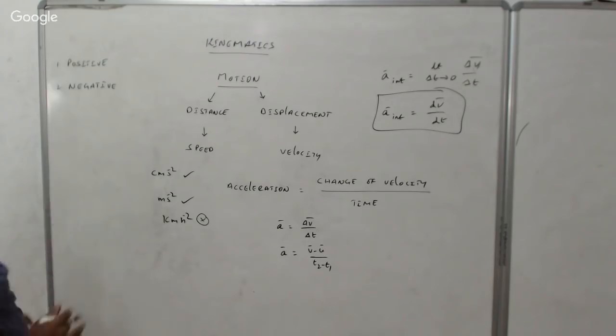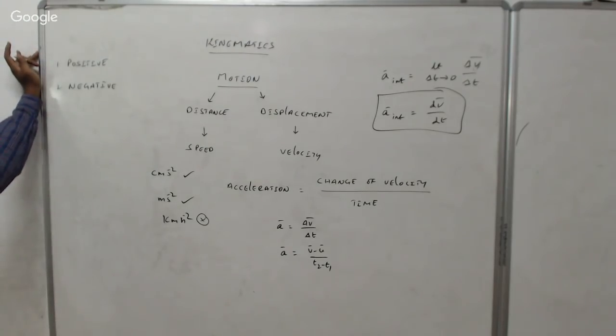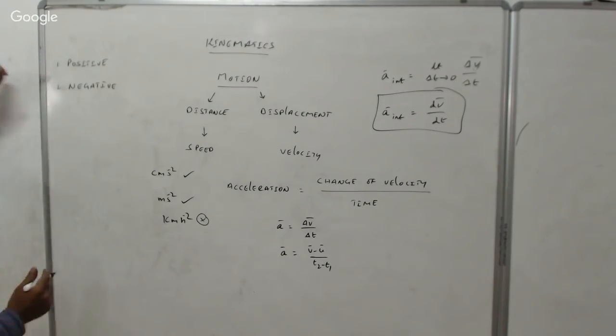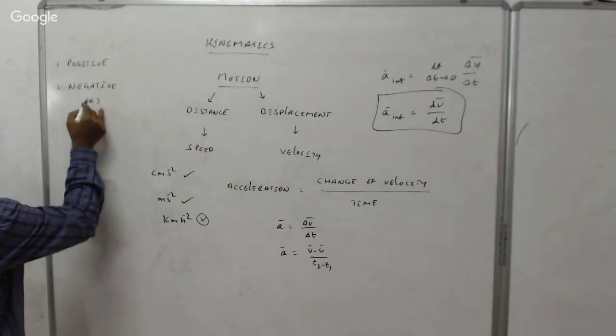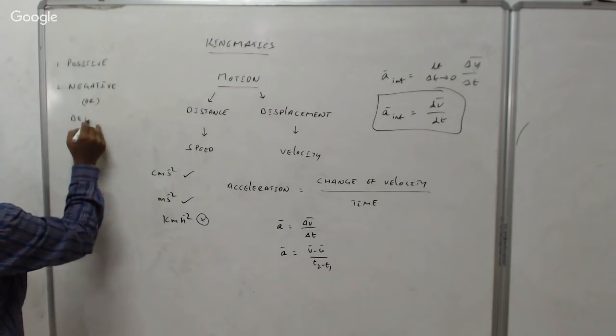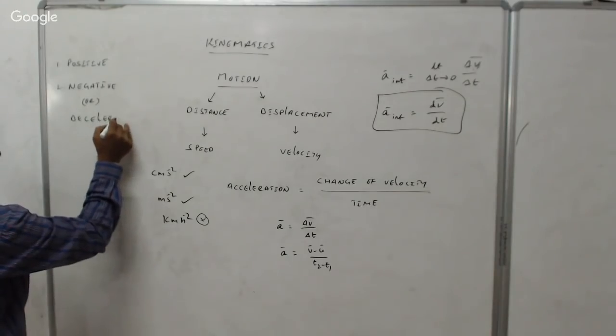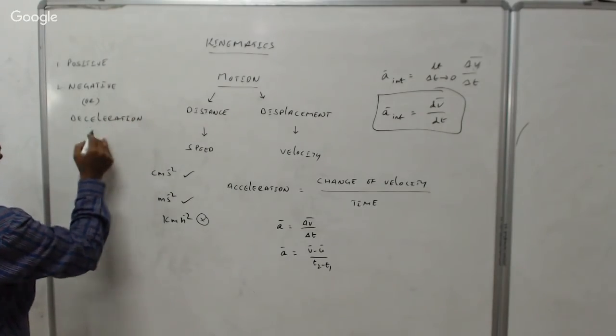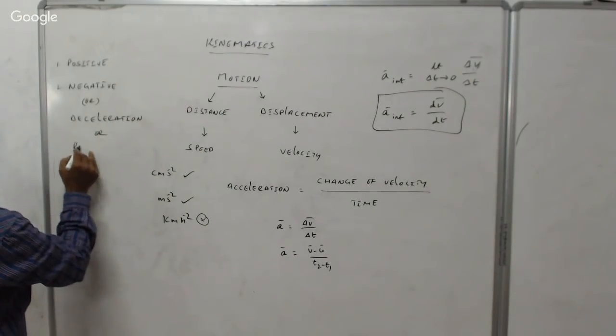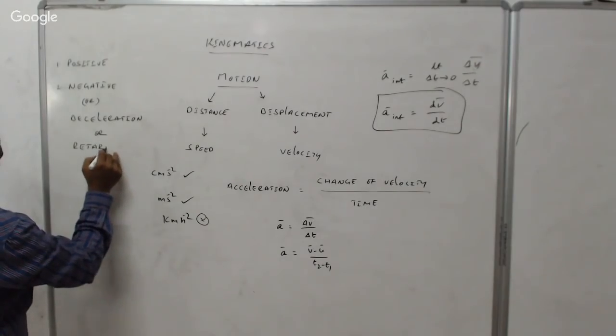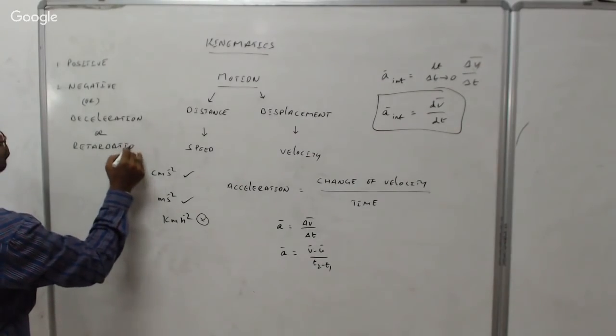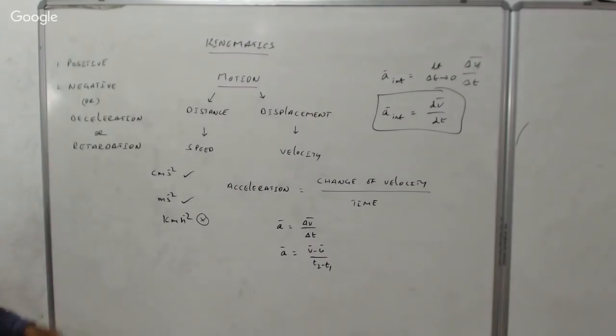See, there is no other term for positive acceleration, but negative acceleration can also be called as deceleration or retardation. Understood? Negative acceleration can also be called as deceleration or retardation.